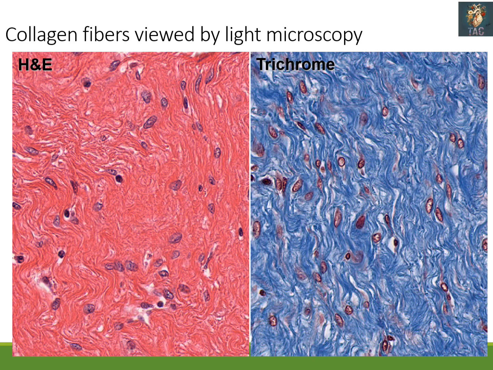So collagen fibers viewed with light microscopy, you can appreciate in this stain, this is the Masson's trichrome stain, and this is the H&E stain. In this, the blue color fibers are the collagen, and here in the eosinophilic stain they take the eosinophilic stain because of the glycosylated portion of their tropocollagen.